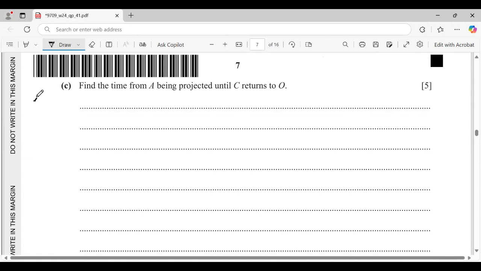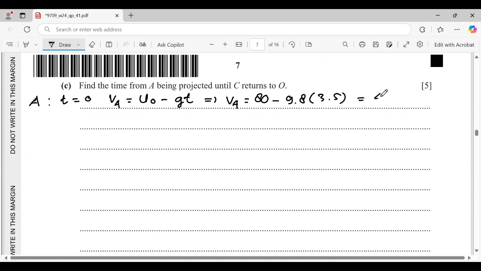Particle A launches at T equals 0. So for the velocity formula, I will use this formula: velocity equals initial velocity minus g times t. So it means VA equals 80 minus 9.8 times 3.5. It is 45.7 meters per second.